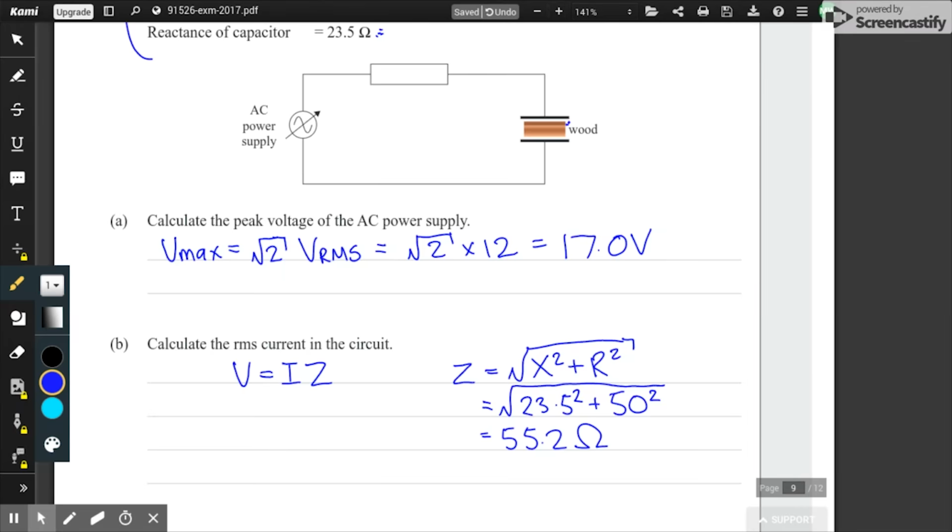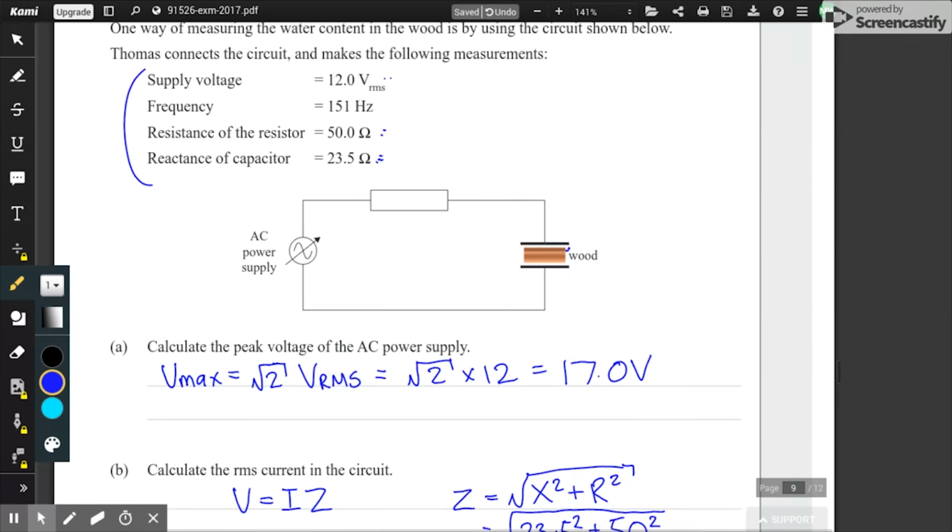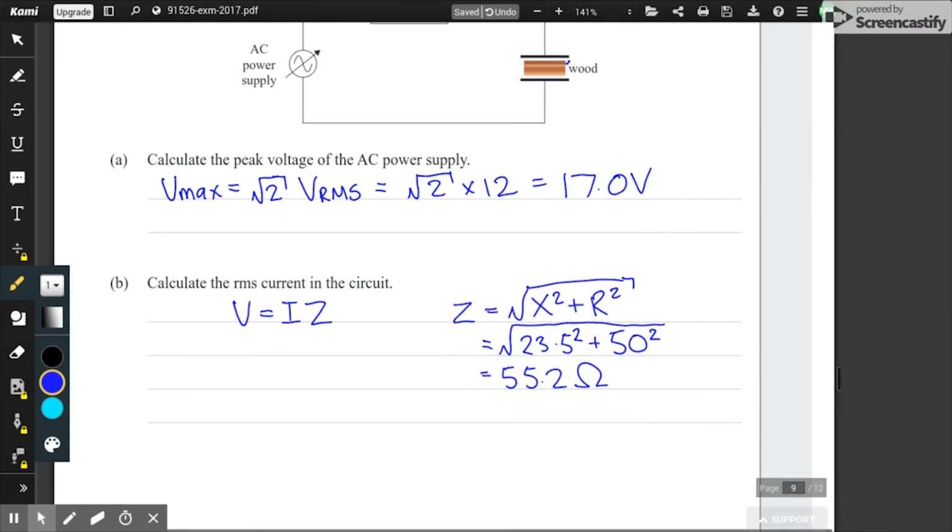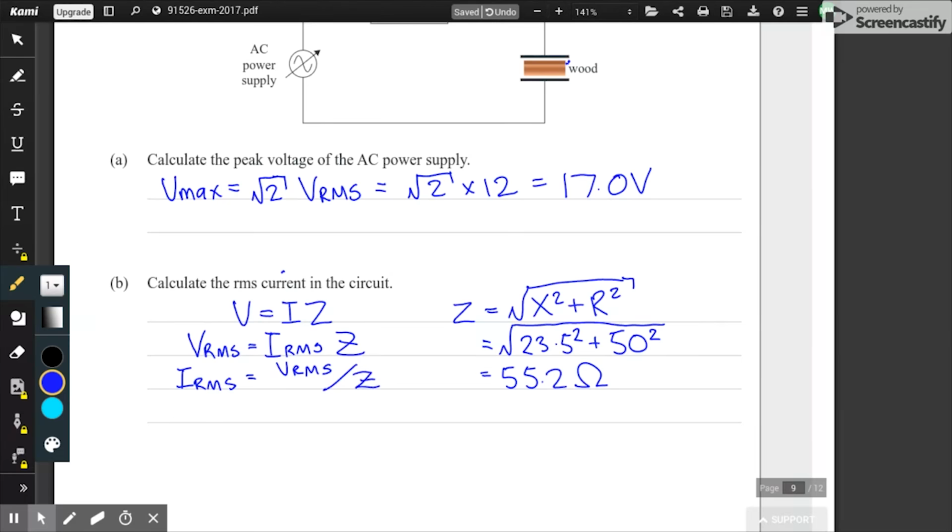Okay, and given that we also know our voltage RMS, to be clear, our equation is that our VRMS is equal to our IRMS times Z. Because we want to find the current here, we can rearrange that by dividing both sides by Z. So we get that our RMS current is equal to our voltage RMS divided by our impedance.